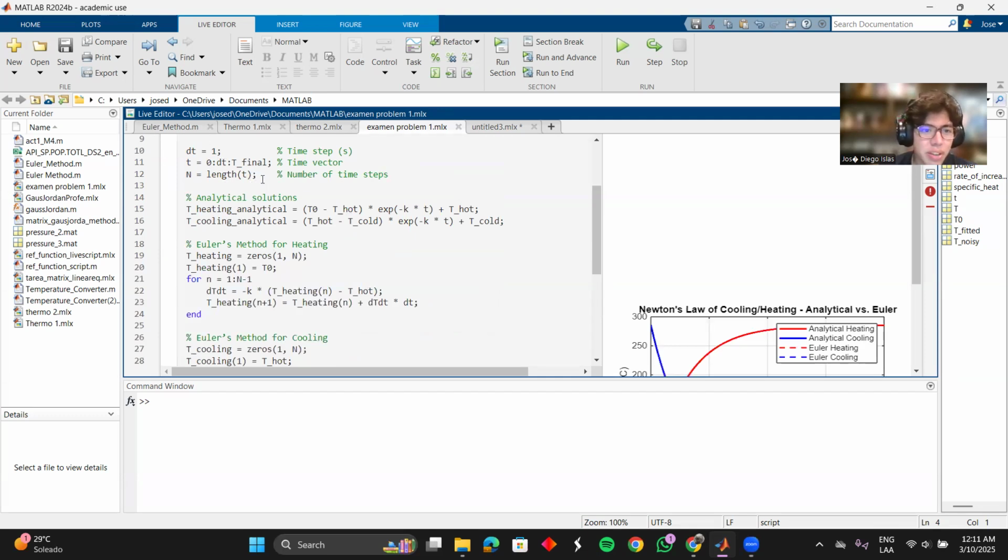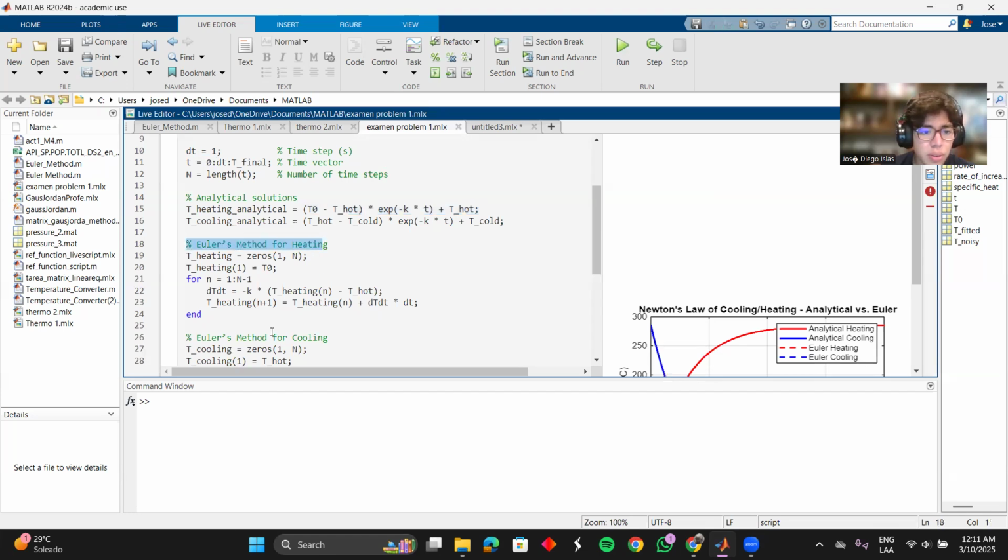So we need to make things like the point at which it will start, like the time vector, starting at 0 and going up until the final time, the final temperature, and make the step size. Also, we set the formula, and now we use Euler's method for heating, right?